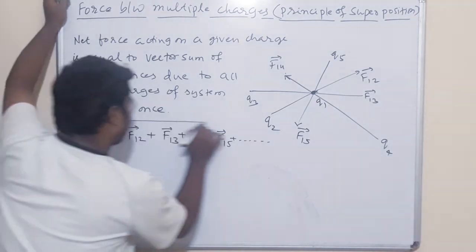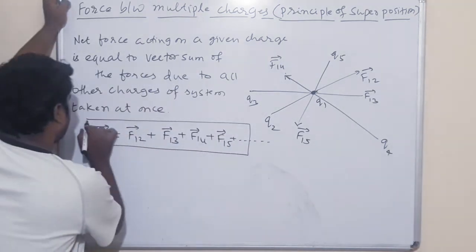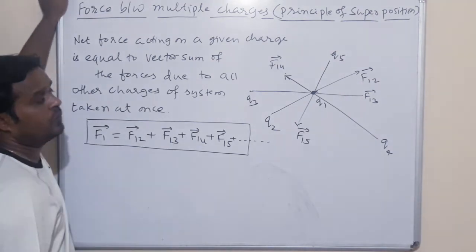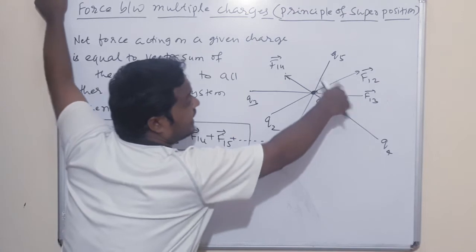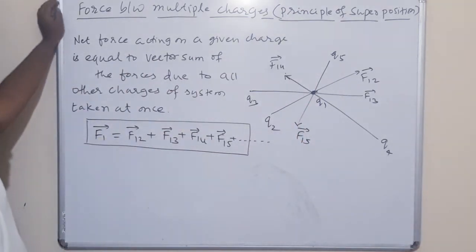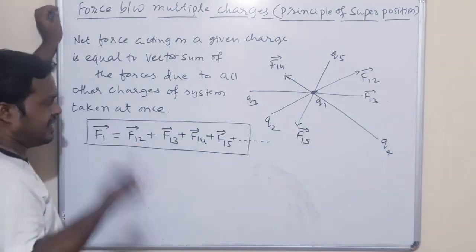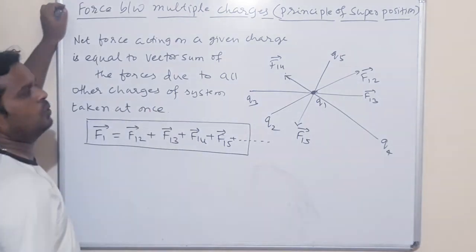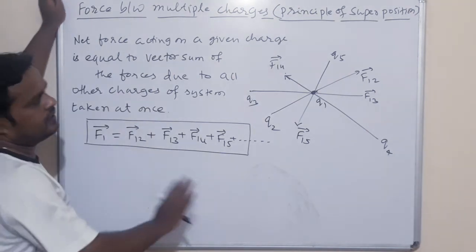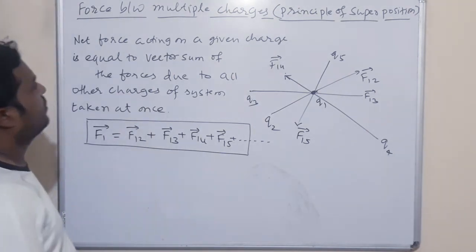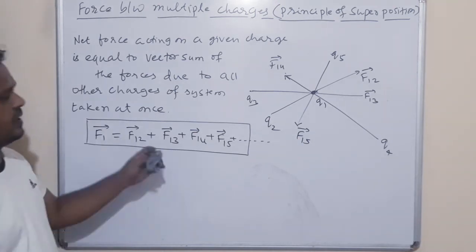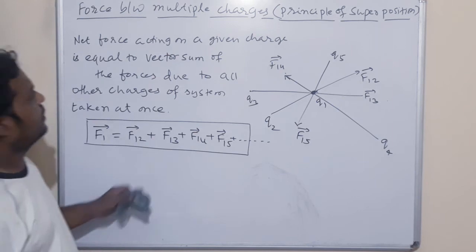This is the vector sum of all the forces. Whenever we want to calculate a vector sum, we have to consider the angle between these forces. Whatever we studied about how to take the resultant of two vectors, two forces, will be very helpful to us in studying this principle. Follow this, make a note of this principle. We shall see the examples. Few examples we will study.